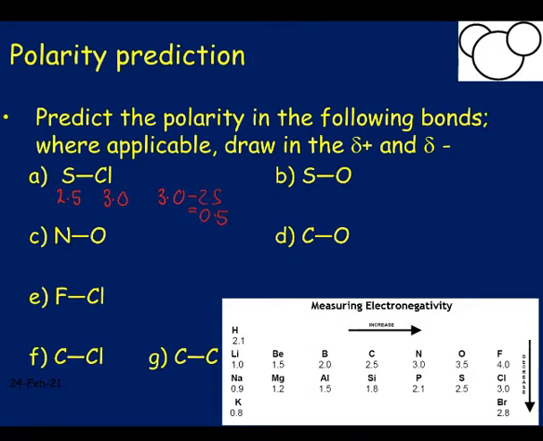According to my rules, this makes it polar covalent. So I would make this the delta positive and this the delta negative. You're going to complete B, C, D, E, F and G and tell me polar, non-polar, or ionic, and draw in your delta positive and delta negative only if it's polar covalent.